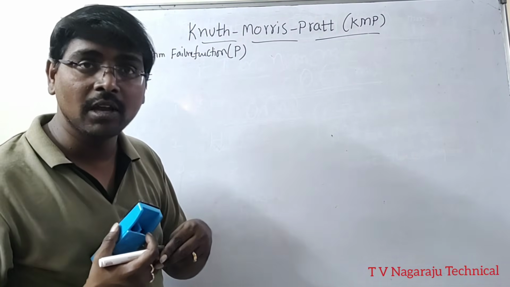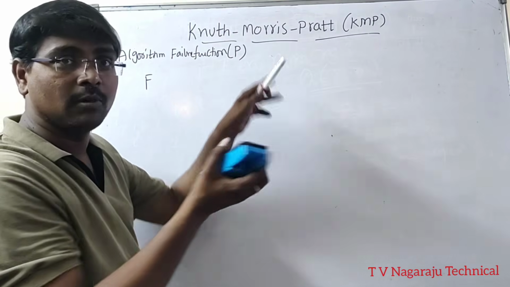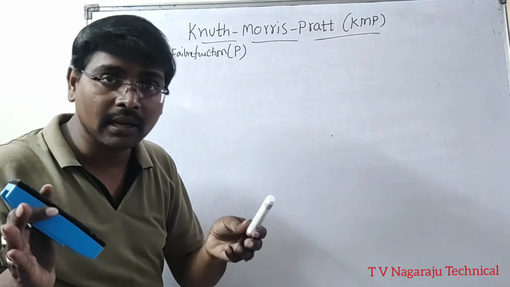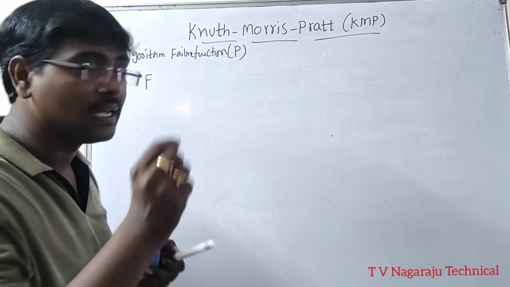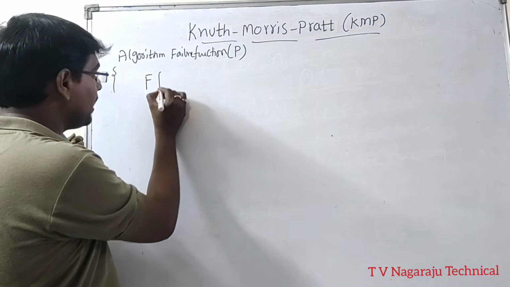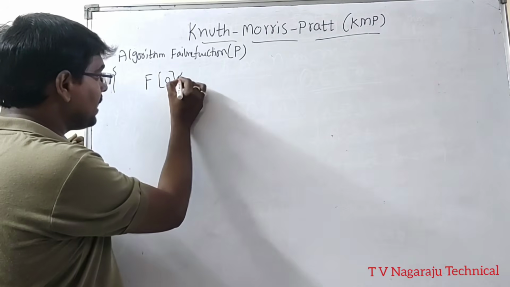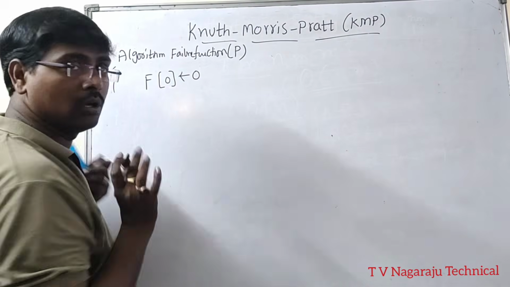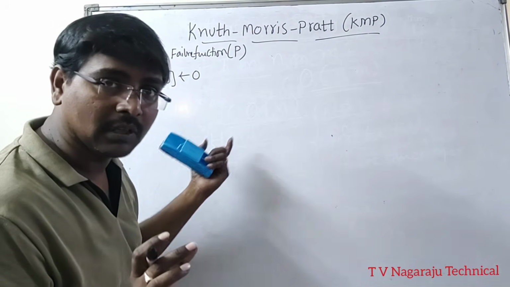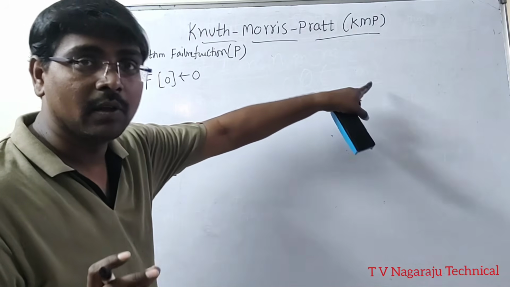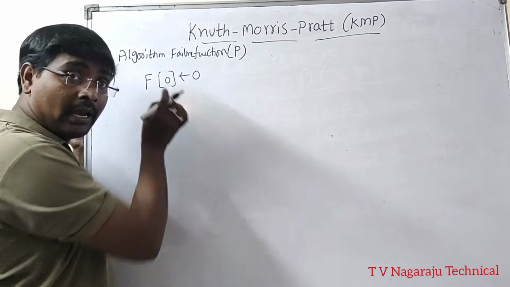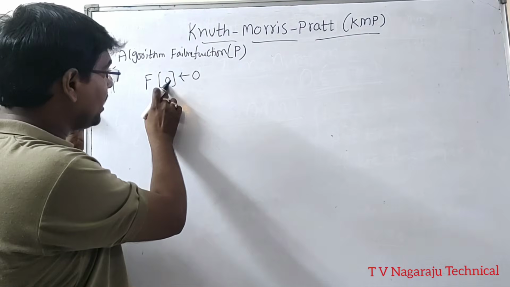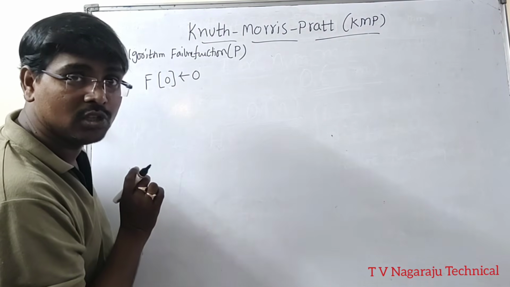What is the size of the table? The size of the pattern. Suppose the pattern consists of 6 characters, the size of the LPS table is 6. Initially, at the 0th position of the table, I fill a value 0. After completion of the algorithm, I will give one example and you will understand clearly.